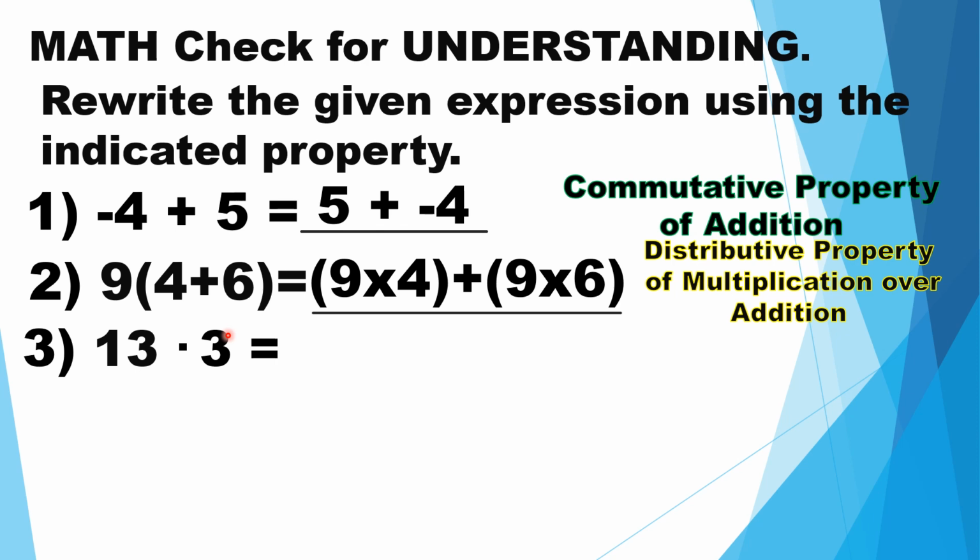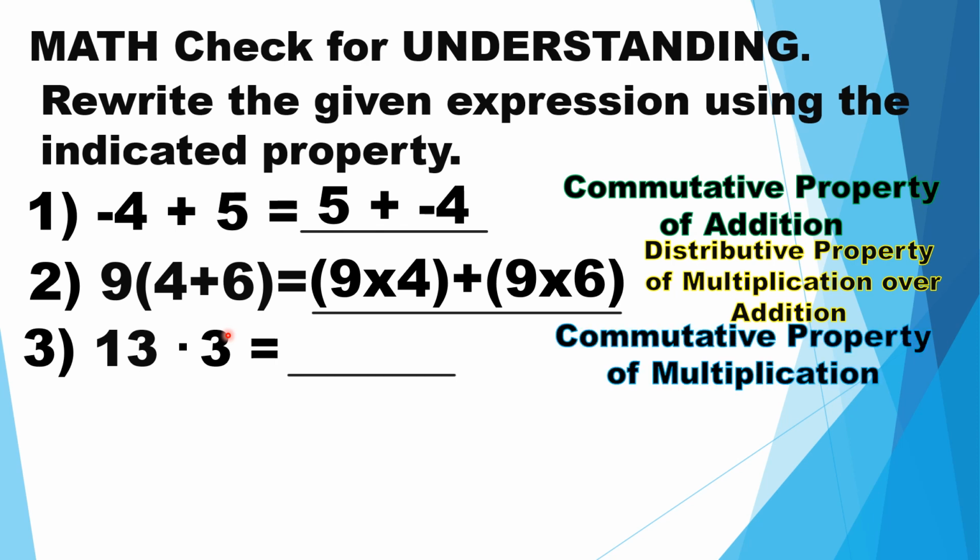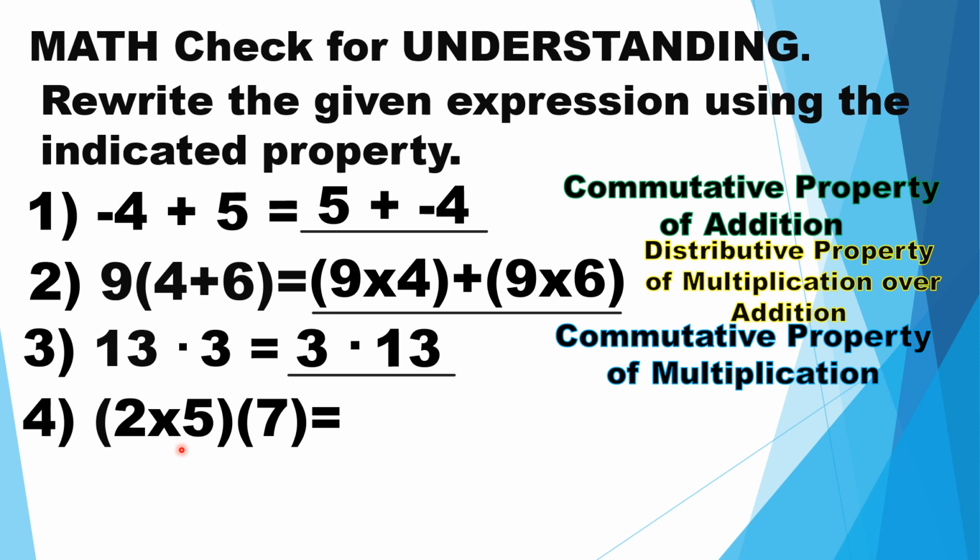Next, number 3, 13 times 3 is equal to, gagawing commutative property of multiplication. That is 3 times 13. 13 times 3 is equal to 3 times 13. Number 4, the quantity of 2 times 5 times 7.